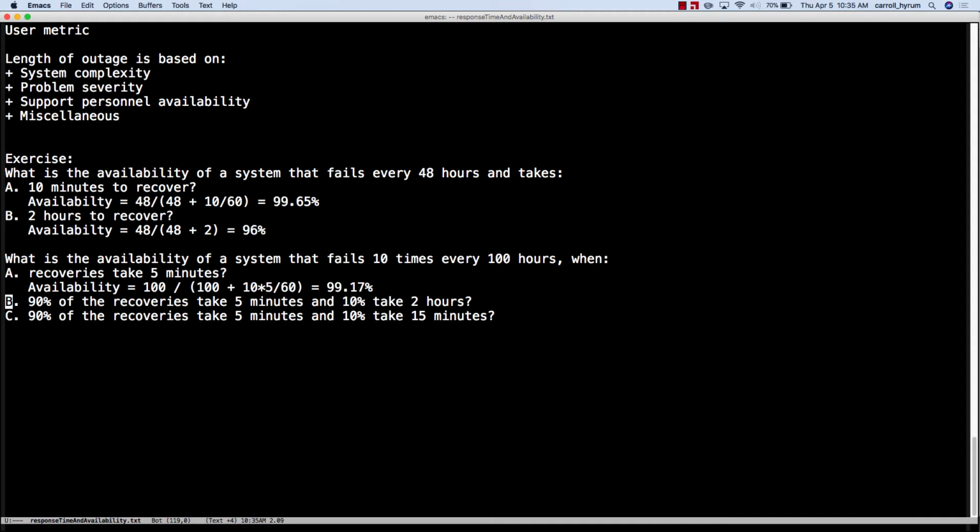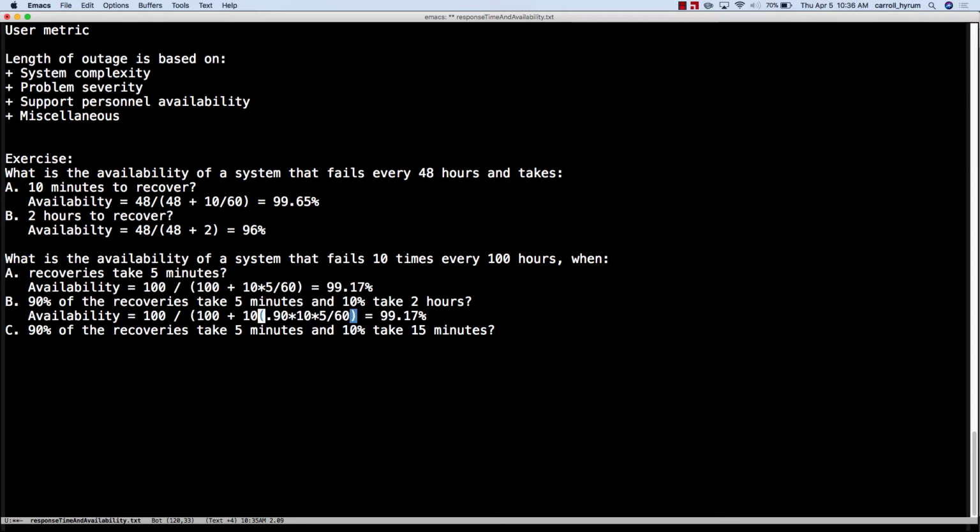Okay? Now let's talk about, this is more likely the case, that you have something where you have a whole bunch of small ones and ones that take longer. How are we going to calculate that? Well, we have the same uptime, but our downtime becomes more complex.